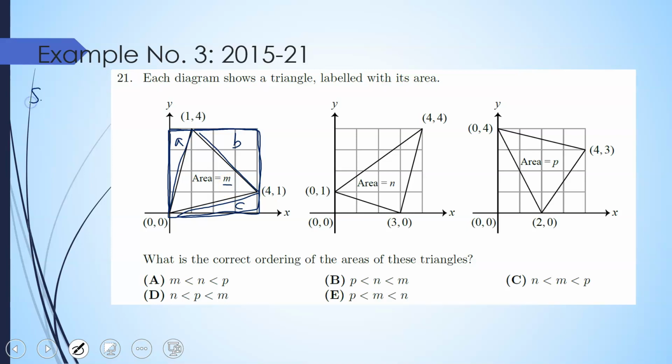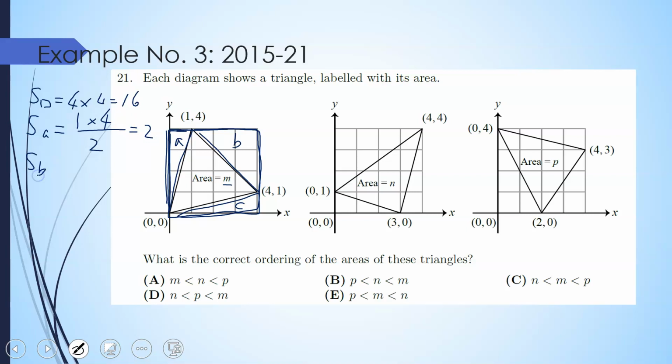The square area is the size 4 times 4 equals 16. Next, the area of the triangle A equals, the base is 1, the height is 4, divided by 2 equals 2.